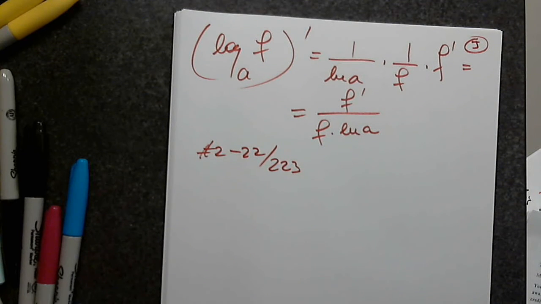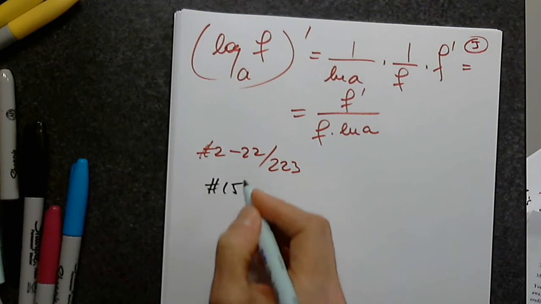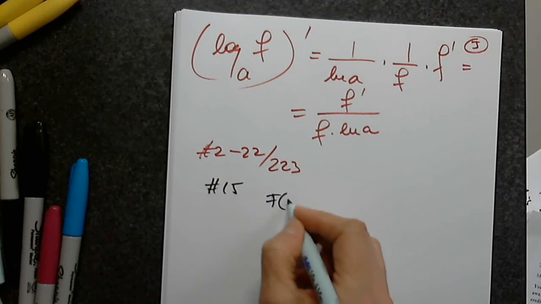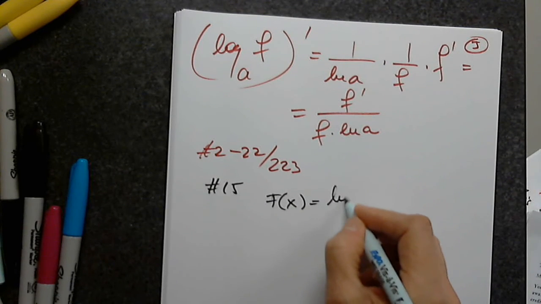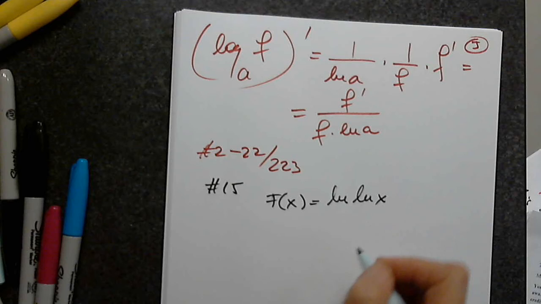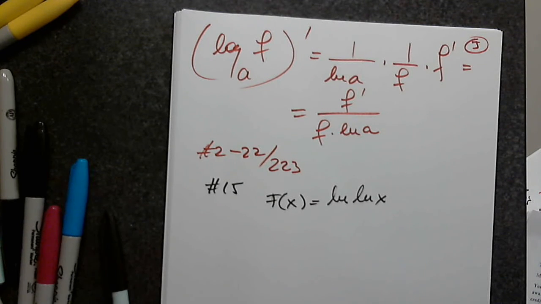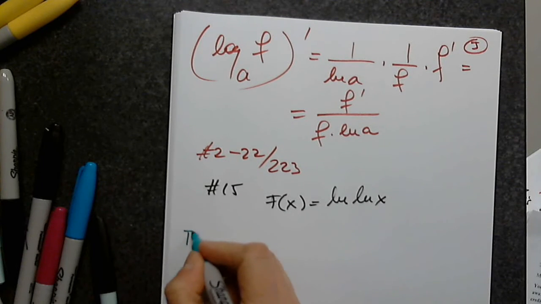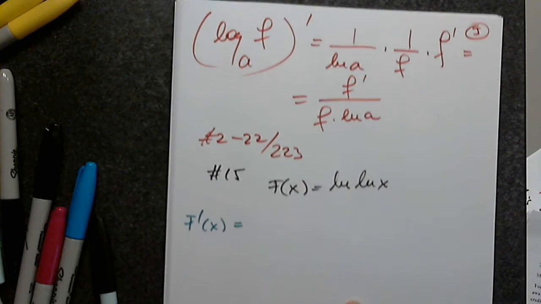Okay, you choose next. I already chose. f of x equals natural log of natural log x. Okay, so we're asked to find f prime. So please get the next question ready when you can.